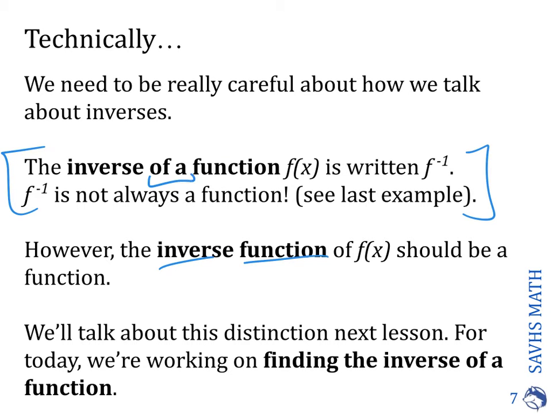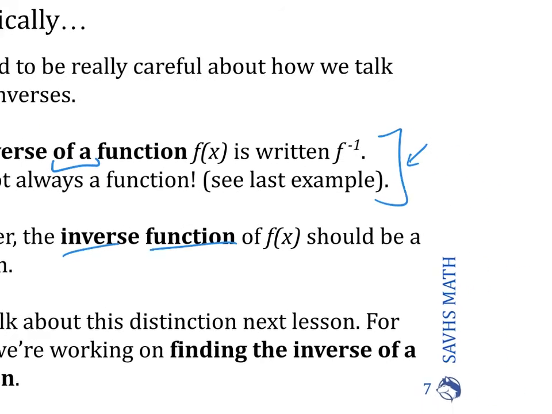So the word "of a" is really important here, and that tells us something specific about an inverse. We're going to dig into a little bit more of this next lesson, and I just wanted to say that this is an important thing, but we'll talk more about why it's important tomorrow, next lesson. We're really focused on the inverse of a function today. The inverse functions we're going to talk about a little bit more tomorrow, our next lesson.